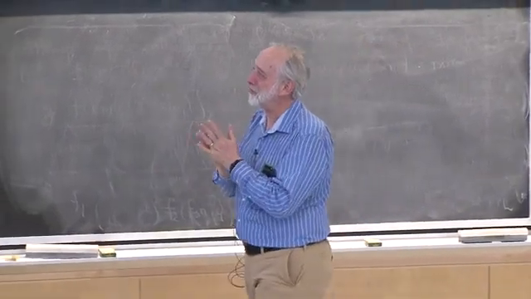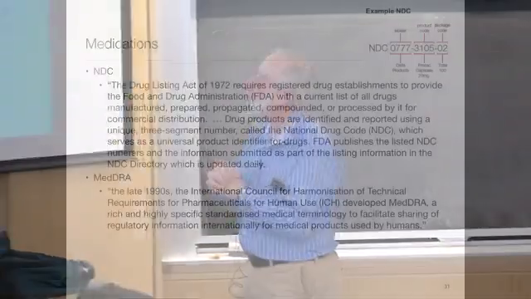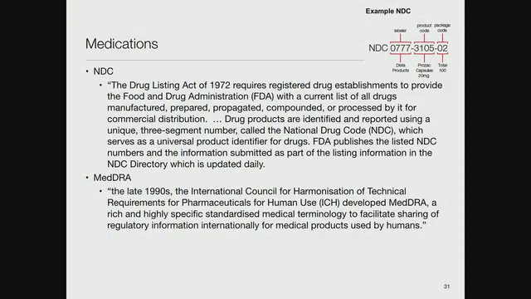Okay, well, if that weren't good enough, the International Council for the Harmonization of Technical Requirements for Pharmaceuticals for Human Use developed another coding system called MedDRA, which is also used in various places. And this is an international standard, which is, of course, incompatible with the NDC.